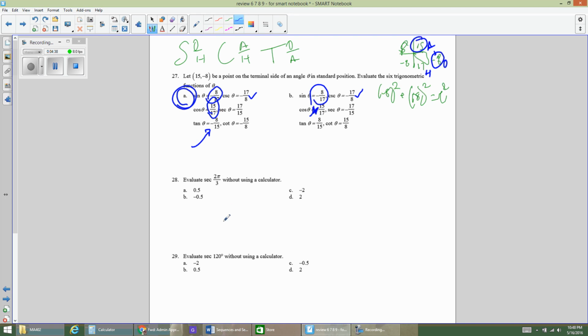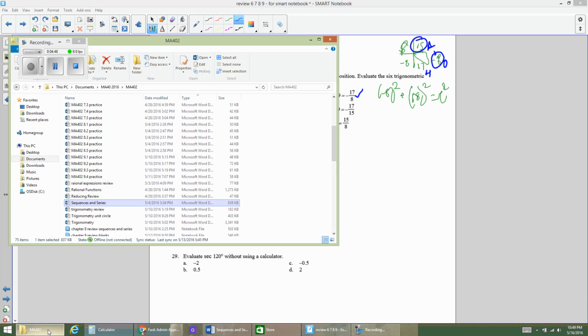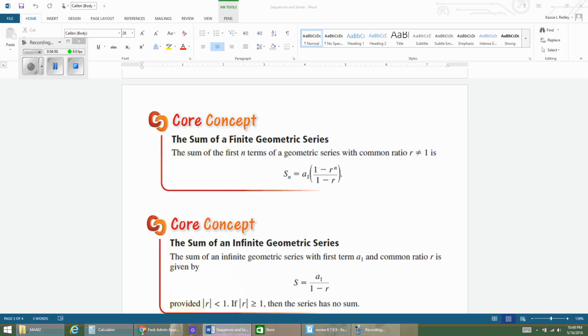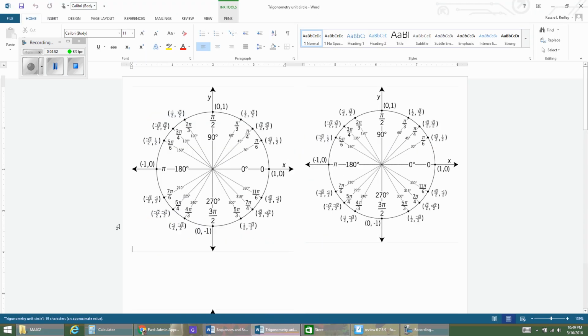Okay. Evaluate the secant of 2 pi over 3 without using a calculator. 2 pi over 3. Okay, now I can't do this without my unit circle. Let's find me some 2 pi over 3. Right here. 2 pi over 3 is negative 1/2, rad 3 over 2.